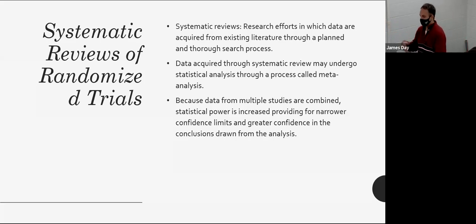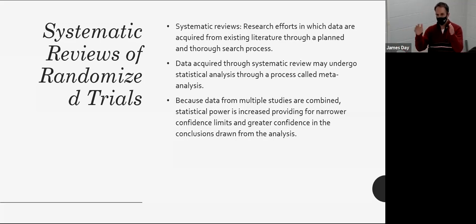So if you've read reviews before, right? A review is simply what somebody else says about the literature. The biggest question in a review is what literature did they review? Was it comprehensive? Was it selective? Whatever. A systematic review eliminates that decision process.